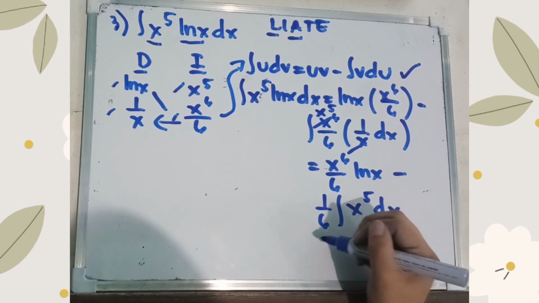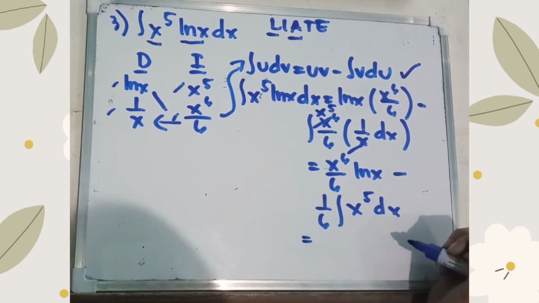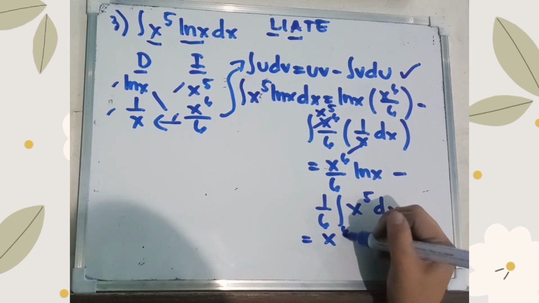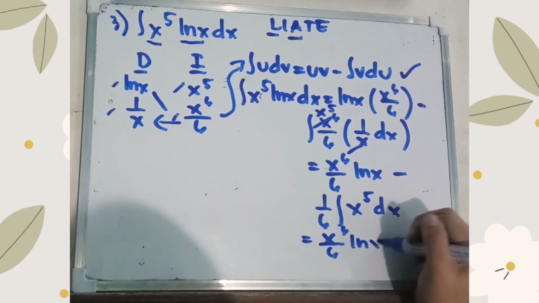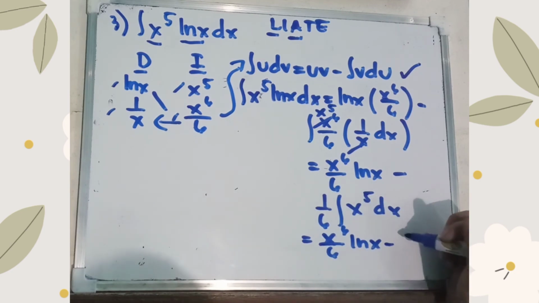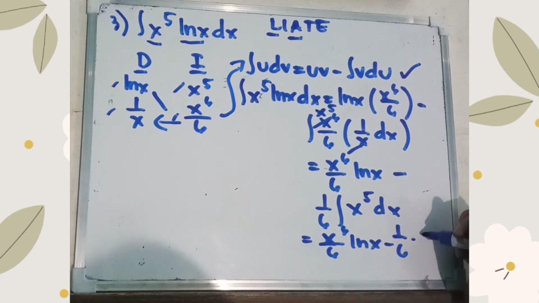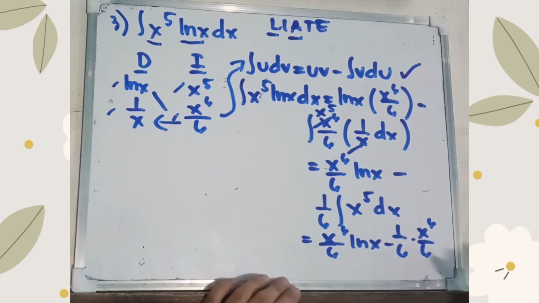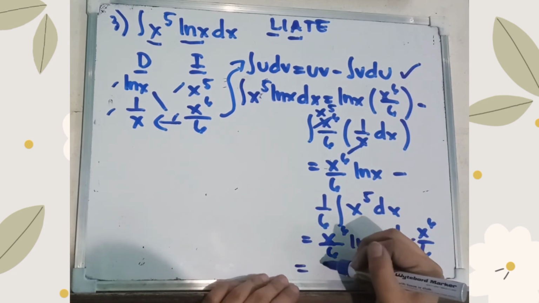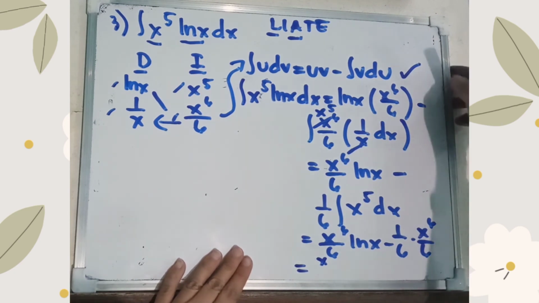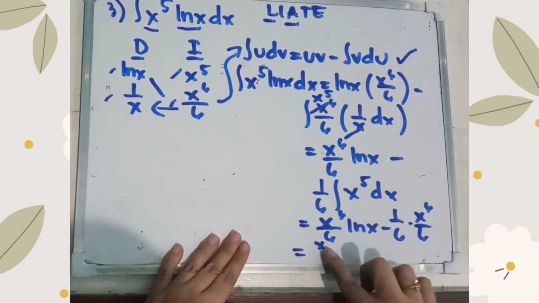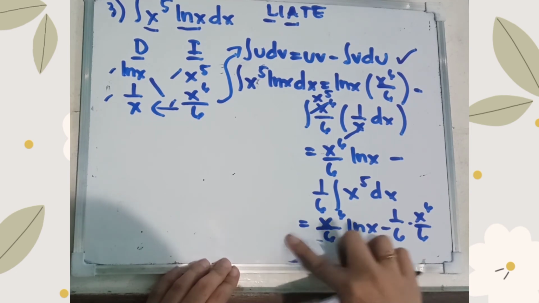So further simplifying, that is x raised to 6 over 6 ln x minus 1 over 6 using the power rule times x to the power of 6 over 6, since you add 1 there. So for the final answer, let me just move the solution here.